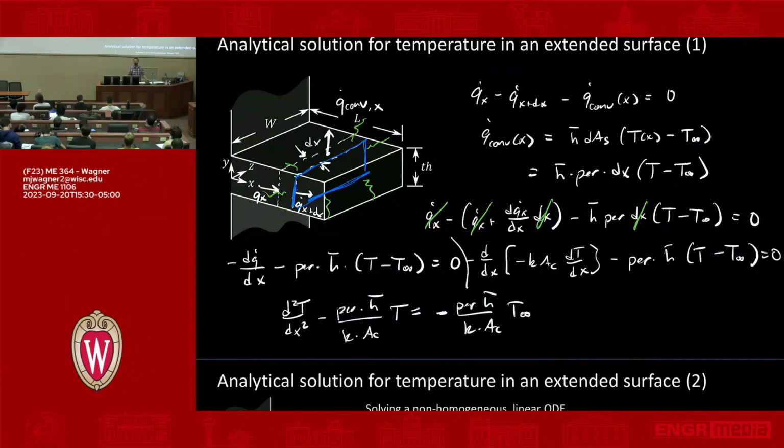So are the areas for conduction and convection the same in this case? Question was, area for conduction and convection the same? No. So the area for conduction is the area that's available. You know, let's say you're trying to draw in liquid through a straw, right?